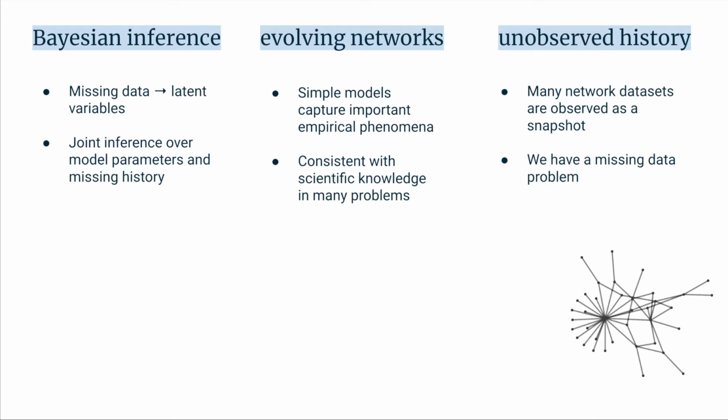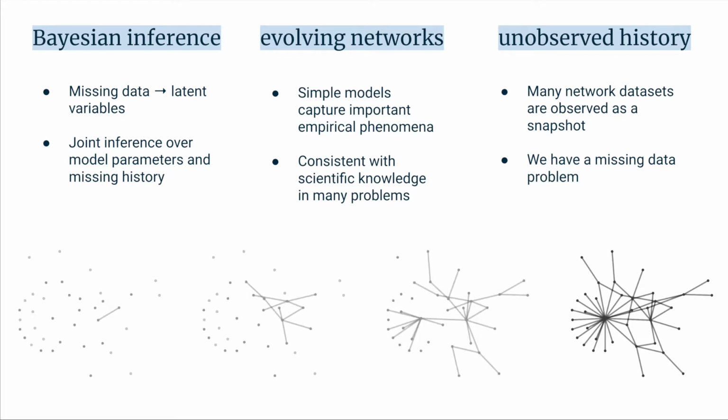The missing data become latent variables, and then the goal is to have joint inference over model parameters and the latent variables of the missing history. By doing that, we try to reconstruct the history of the network and perform inference on the model parameters at the same time.